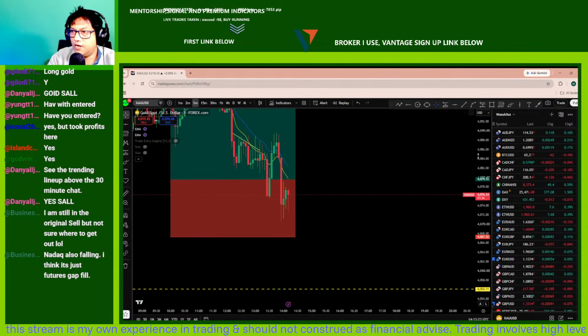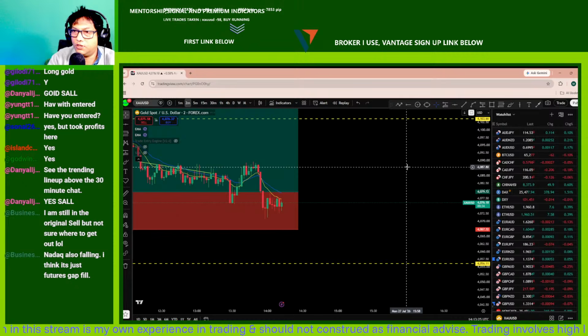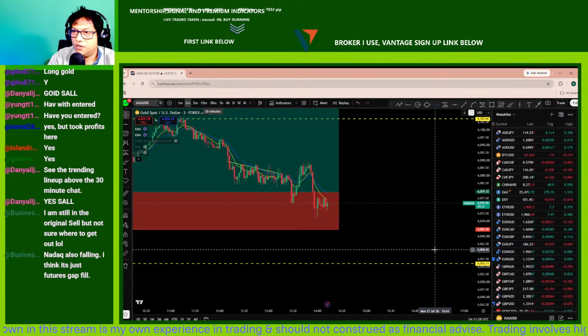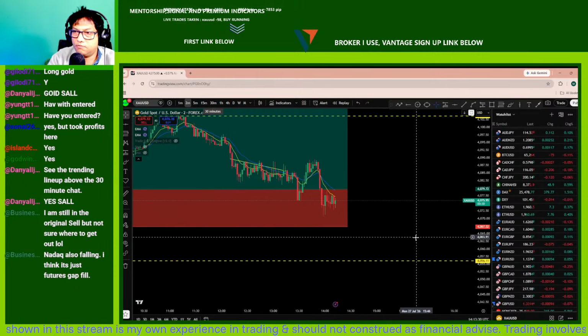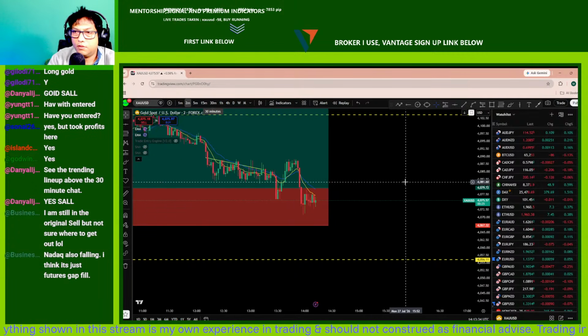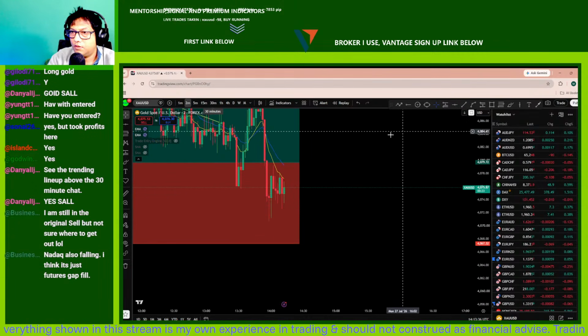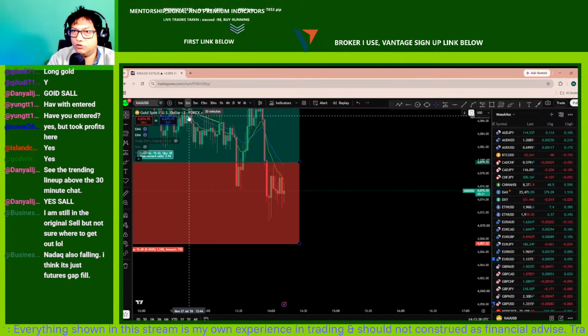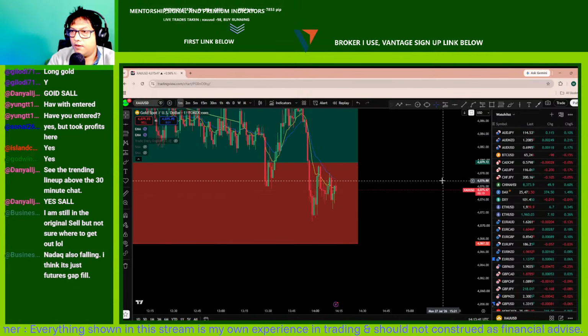So the market at this level here, where you can see the price action, might go for an extended consolidation, I think, in this area.